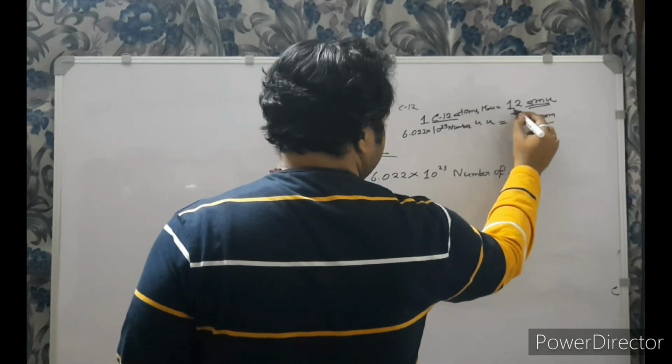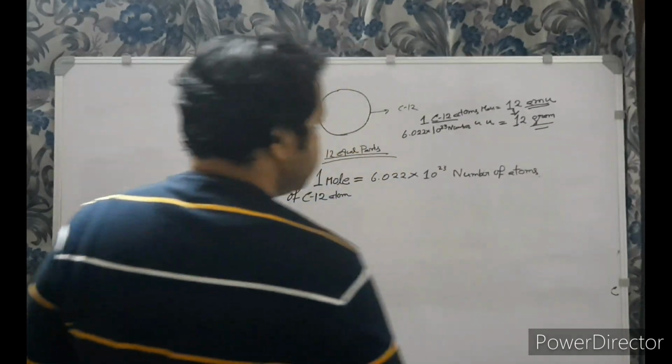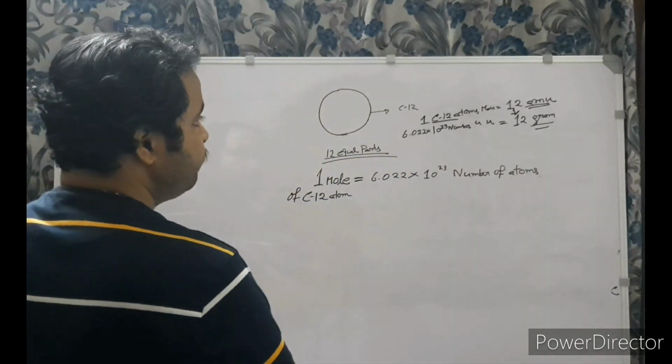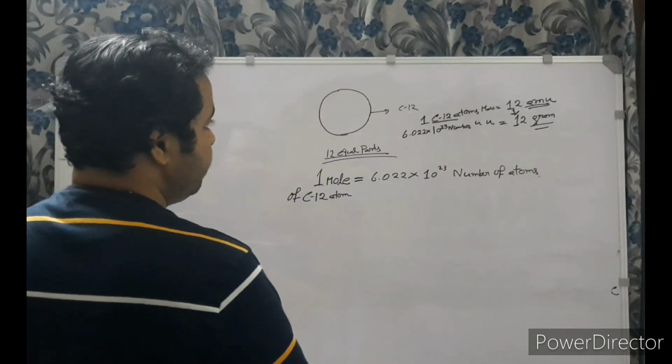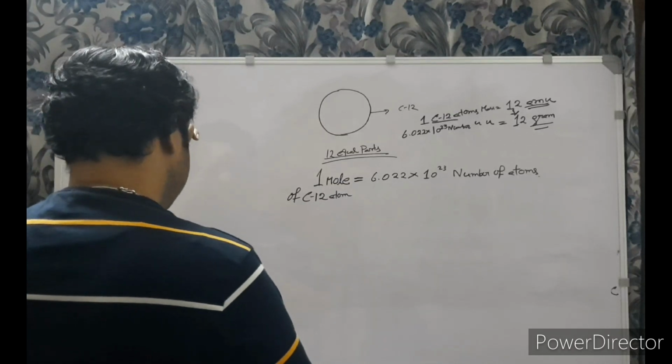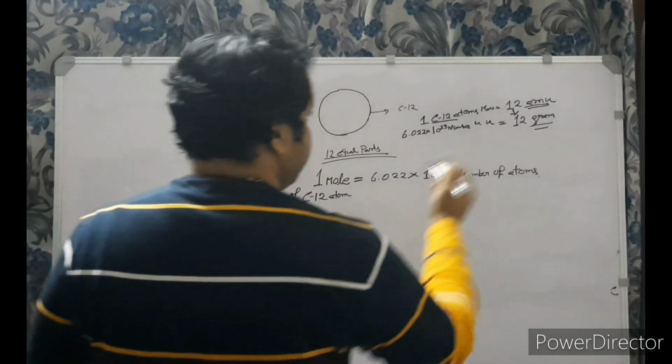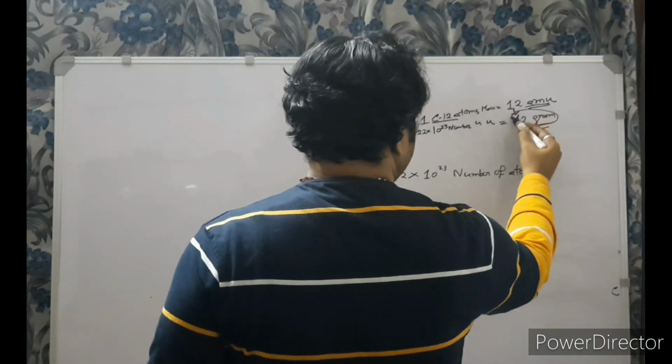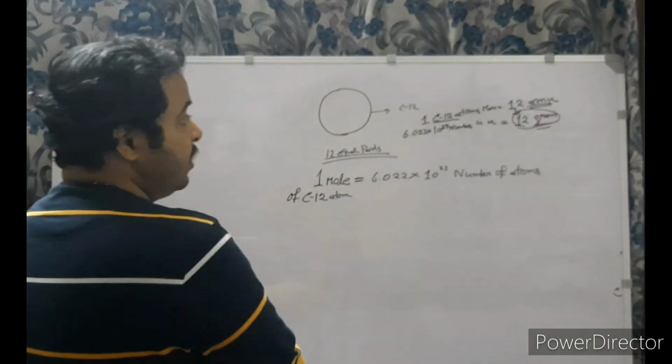The numerical value was kept the same for measurement purposes. This is how they converted AMU to a standard unit of 12 gram.